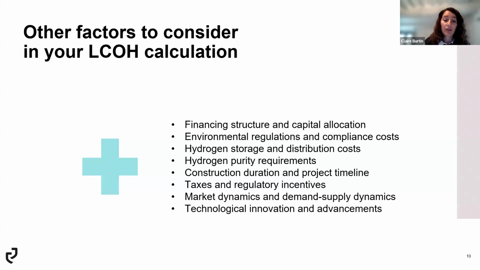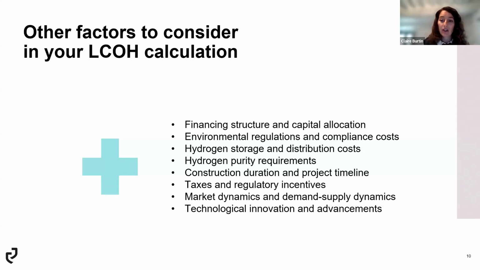If you get your project financed and you have a very high cost of capital, then you might prefer to have lower initial capex in your project, because otherwise it's going to impact your levelized cost of hydrogen much more. And this is something you can change. If you see that your cost of capital is too high, you can think about other options for financing your project, if those options are available to you.